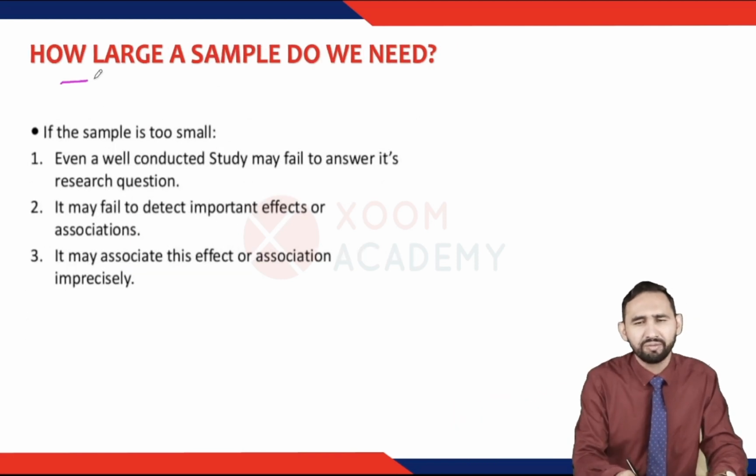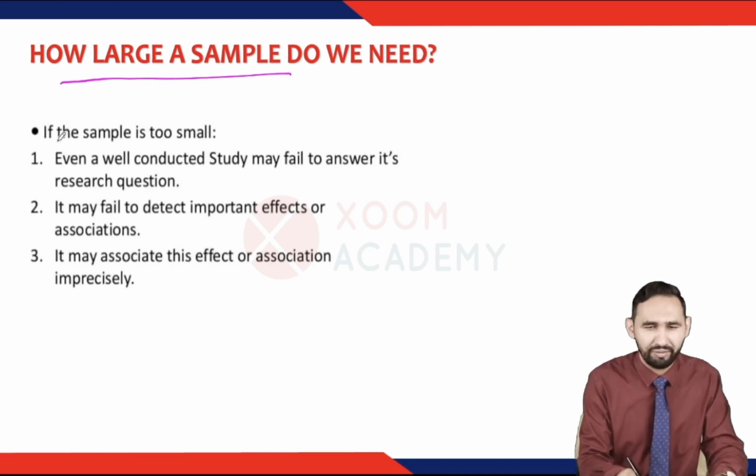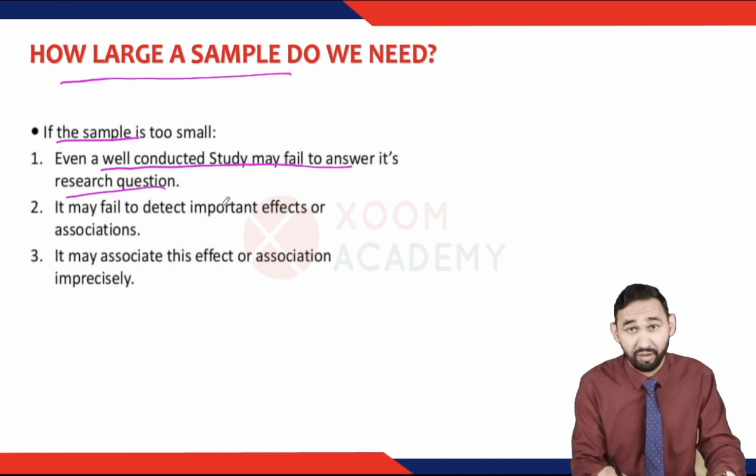How large a sample do we need, or how much sample size is required? If the sample is too small, even a well-conducted study may fail to answer its research question. The sample does not contain the characteristics of the entire population, like in a heterogeneous population. If we take a small sample size, every subgroup is not included, and errors may arise.